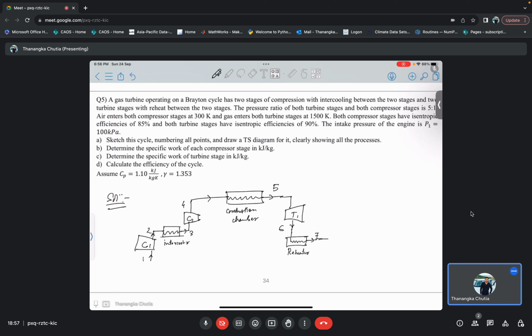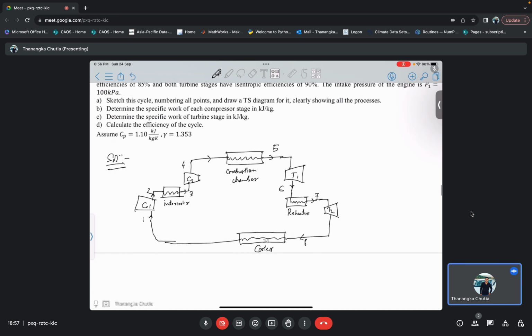Then again it is getting expanded in turbine 2. Then from here, this is the cooler. This is the overall process. So the two stages of compression are 1 to 2 and 3 to 4, and the two stages of expansion are 5 to 6 and 7 to 8. So let us draw the TS diagram also.